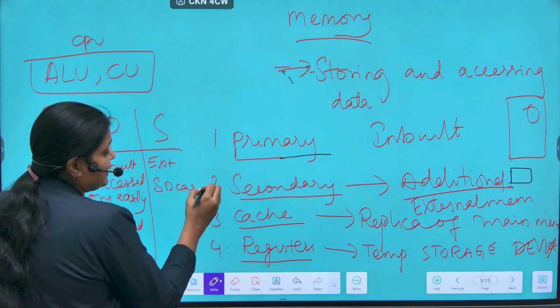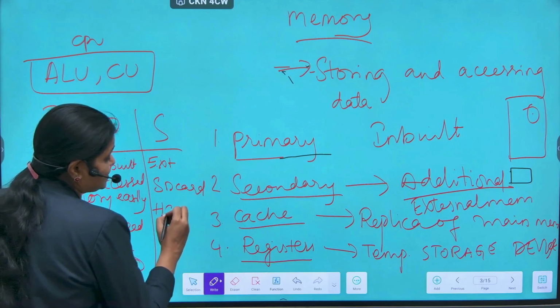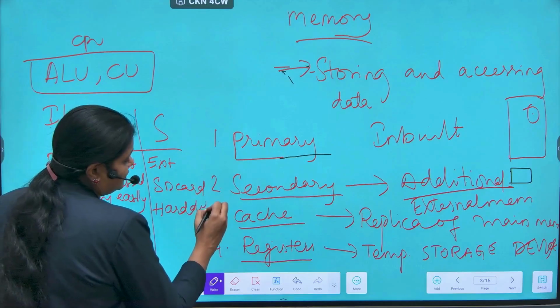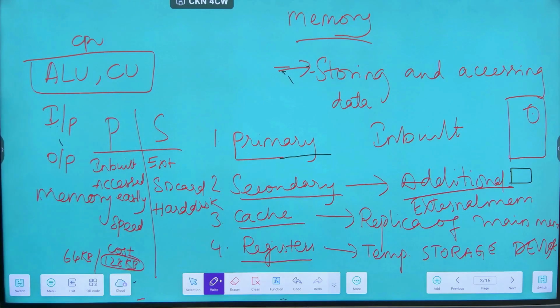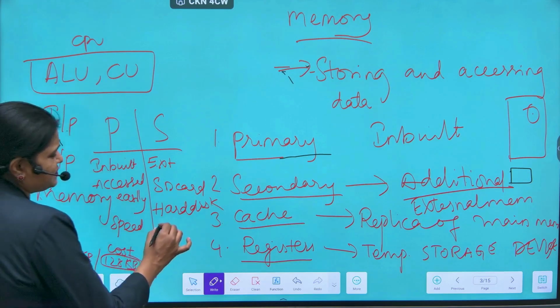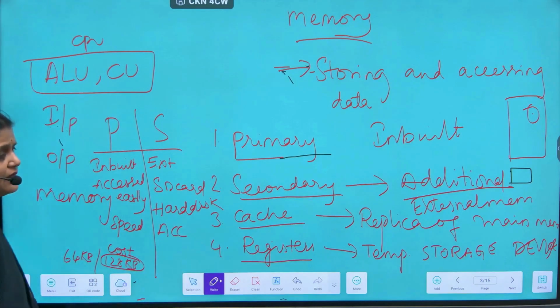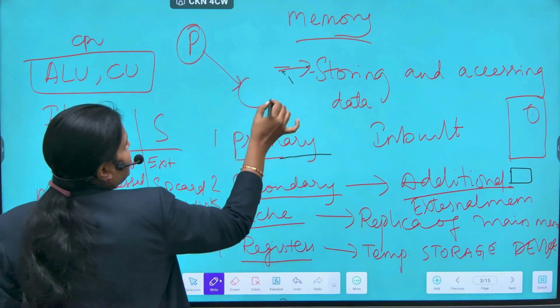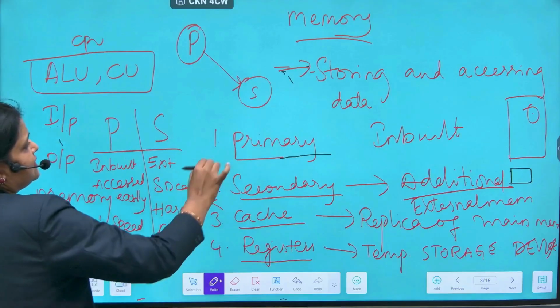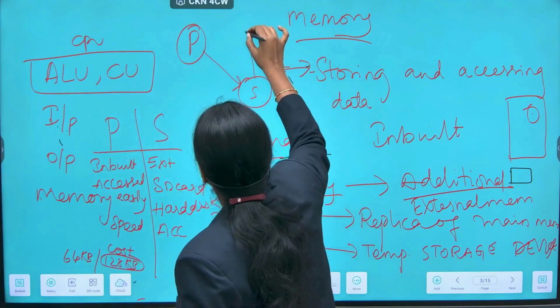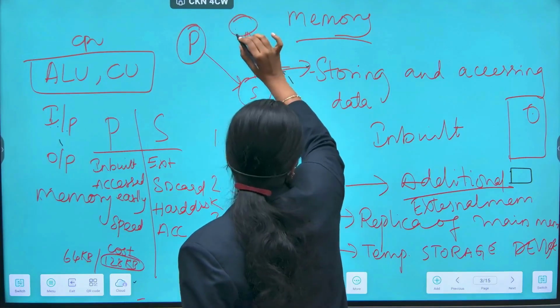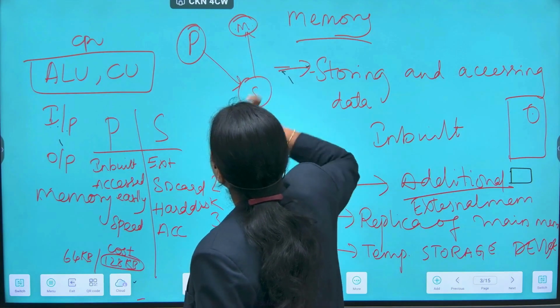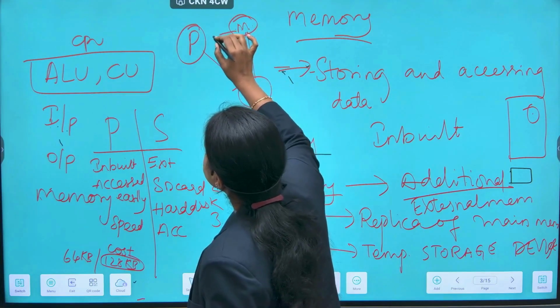We can also say the example is a hard disk. A hard disk is also externally connected memory, and accessing this memory is more difficult. The processor cannot access secondary memory directly. First, the contents of secondary memory are stored into the main memory, and from main memory the processing is done.